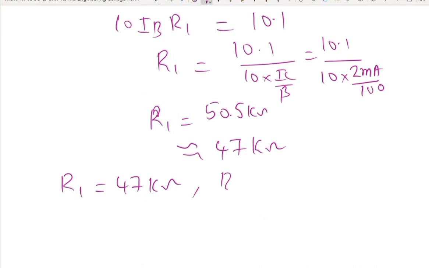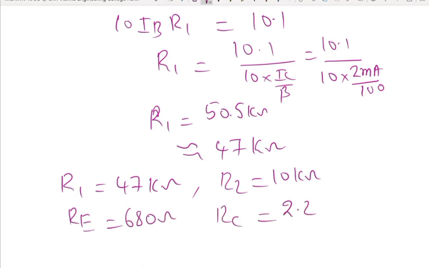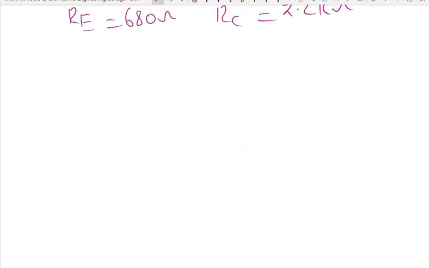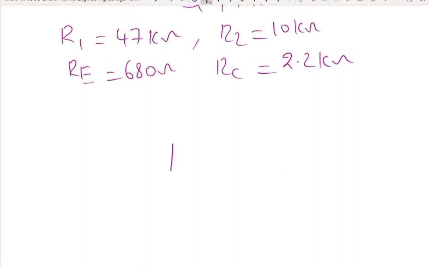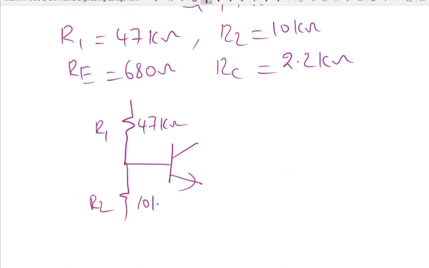Design values: R2 is equal to 10 kilo ohms, RE is equal to 680 ohms, and RC is equal to 2.2 kilo ohms. The complete design circuit is this CE amplifier. R1, 47 kilo ohms. This is R2, 10 kilo ohms. This is RE, 680 ohms.